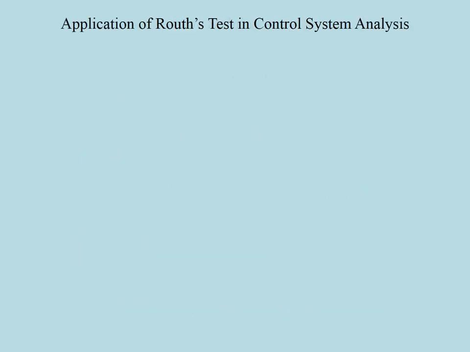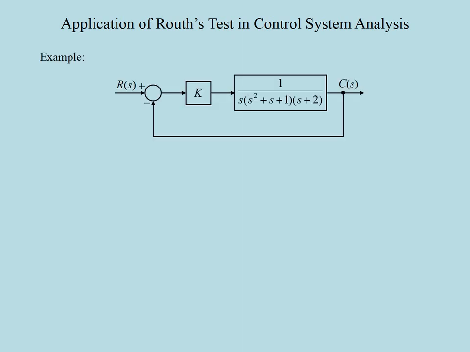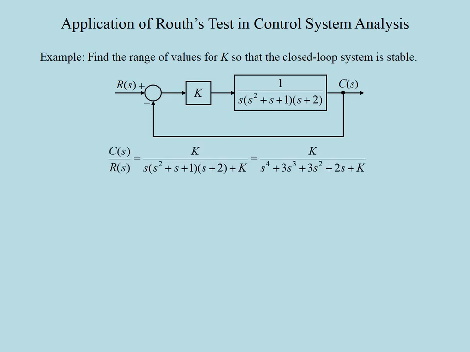Finally, we will apply Routh's stability test in analyzing a feedback control system. Let us consider a system as in this block diagram. Our aim is to find the range of values for k so that the closed-loop system is stable. We can write the closed-loop transfer function as the feed-forward transfer function divided by 1 plus the open-loop transfer function, simplify it to a single fraction, and multiply out all factors.